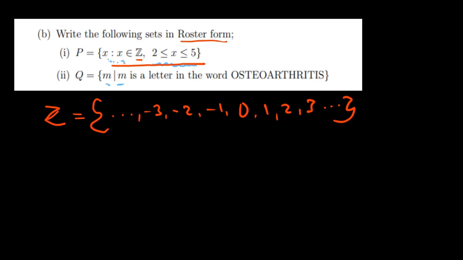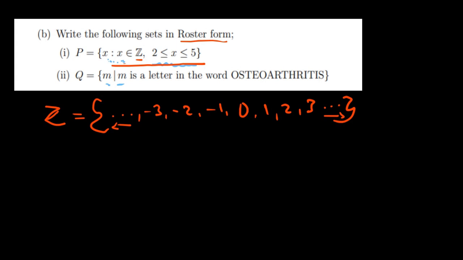So you see that here it continues until minus infinity, and there it continues until positive infinity. So the set of integers is the set of all the negative and positive numbers, but removing all the fractions, and then you are including a zero there. So this is the set of all integers.